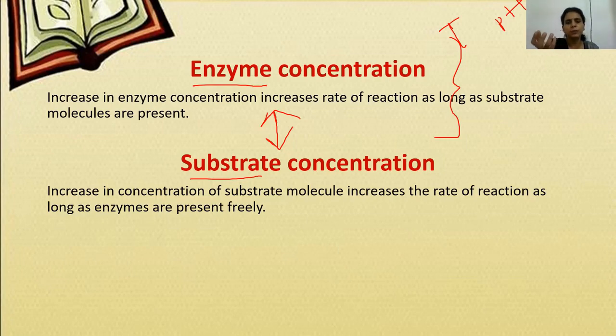So it doesn't matter if substrate molecules increase or not. If enzyme concentration is less, the rate of reaction will also be less. They are both interrelated, and if the concentration of one does not increase, it becomes the limiting factor for the other.